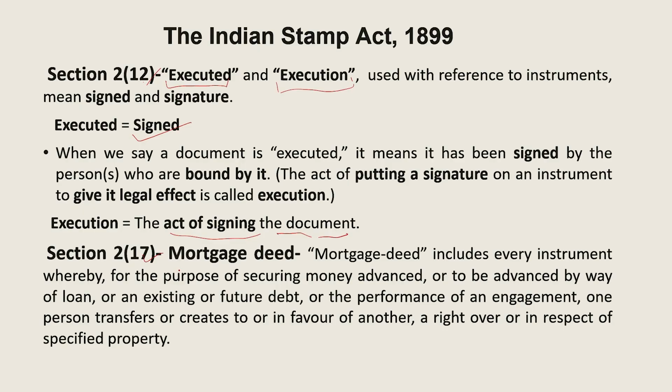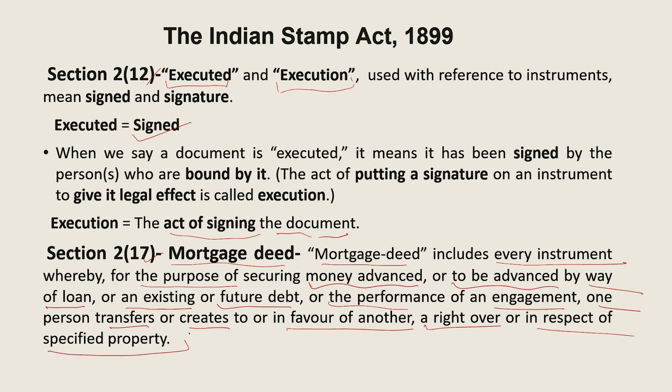Now, clause 17 discusses what is a mortgage deed. So mortgage deed includes every instrument whereby, for the purpose of securing money advanced or to be advanced by way of a loan, or an existing or future debt, or the performance of an engagement, one person transfers or creates in favor of another a right over or in respect of specified property.